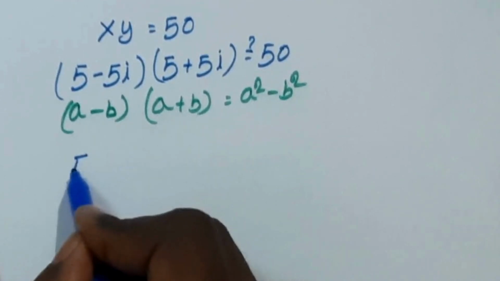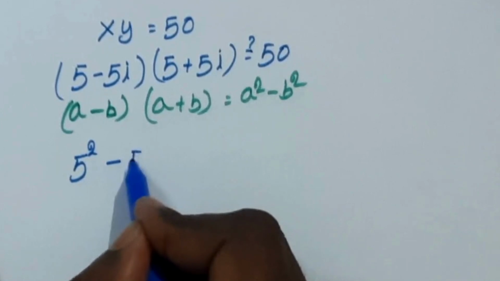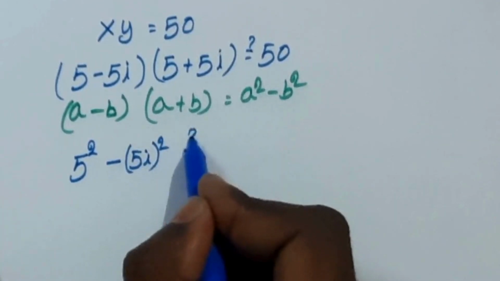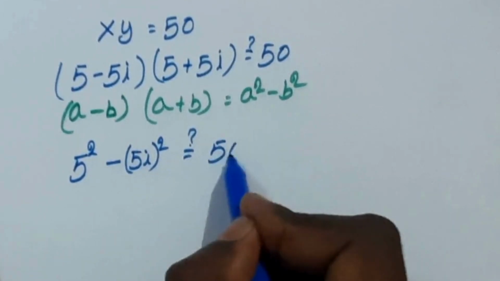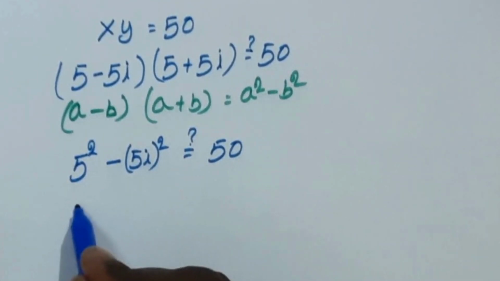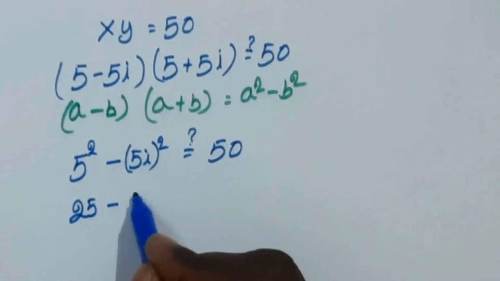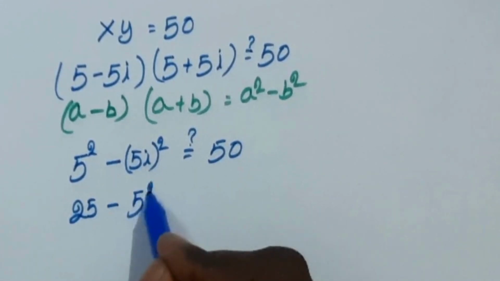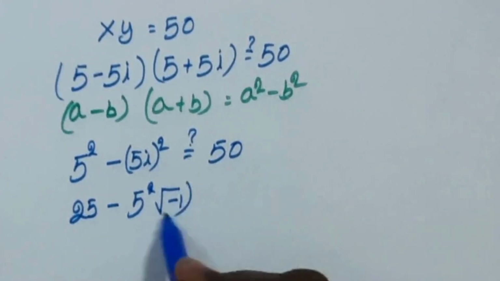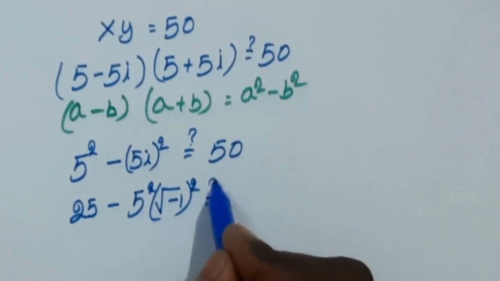So 5 square minus (5i) square equal to 50. Now 5 square is 25 minus 5 square, i is square root of minus 1, this is square, equal to 50.